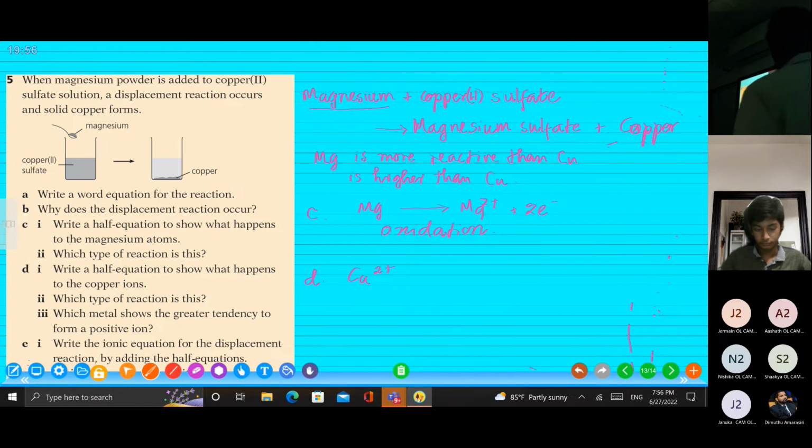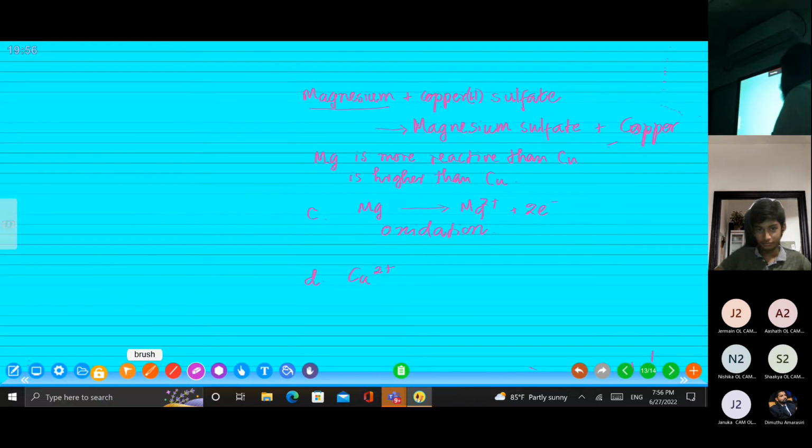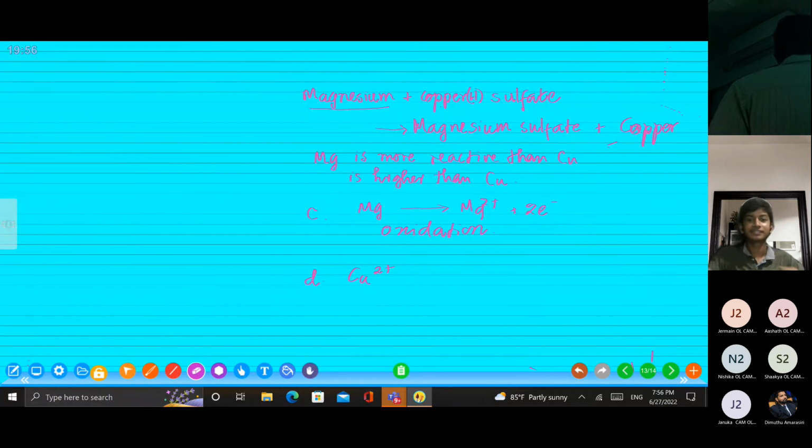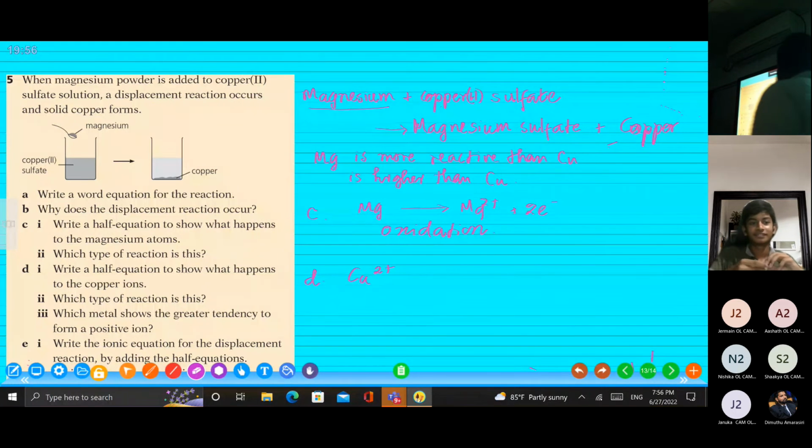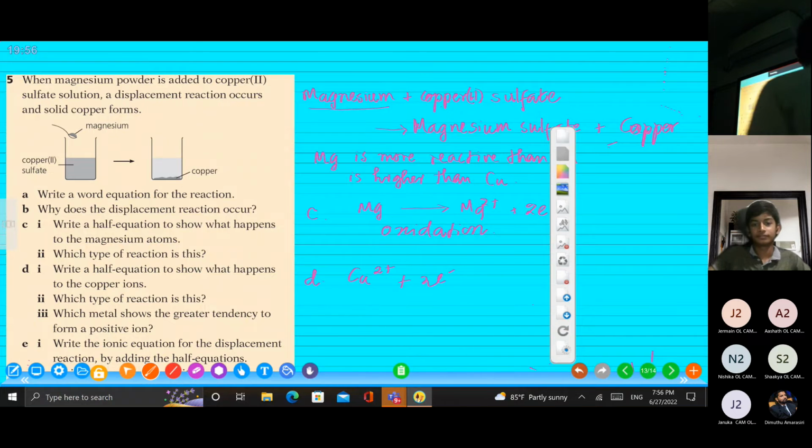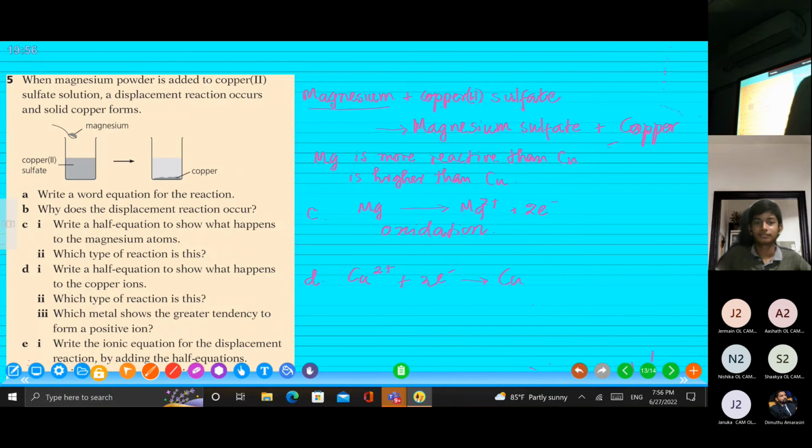If magnesium is undergoing oxidation, copper ions have to undergo what? Reduction. Okay, and it will give you what? Copper. Right? And it's a reduction, so this is what you need to write, reduction.